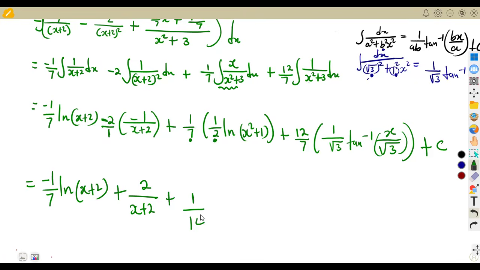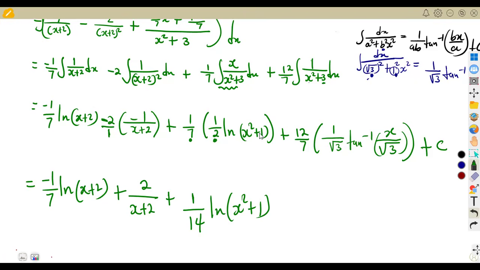So this will be 1 over 14, the ln of x squared plus 1. Was it x squared plus 1, this one? It is x squared plus 3. Guys, this was a 3 here.